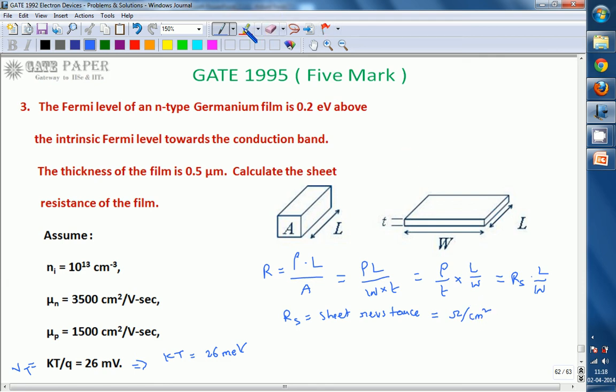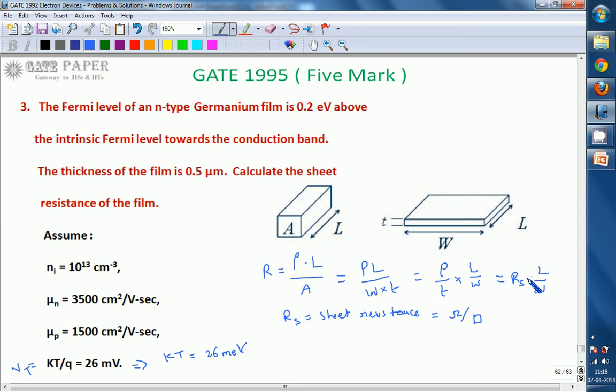Ohm per square means that whenever we consider a square box, its L and W values are the same.